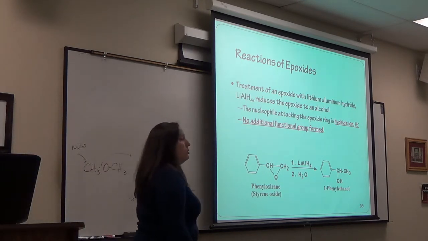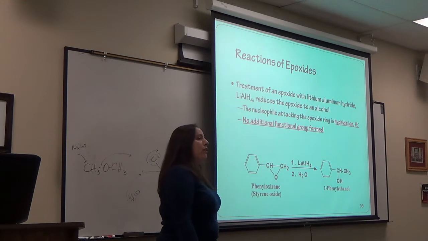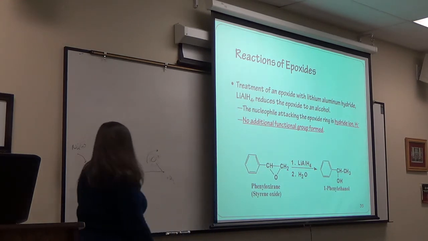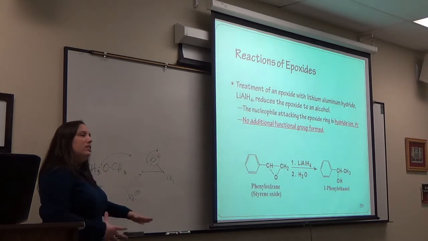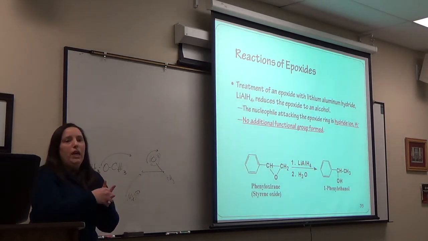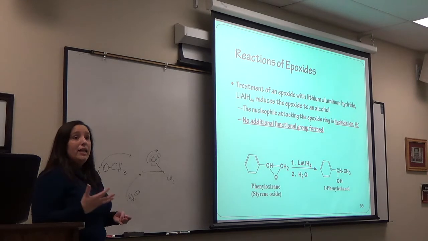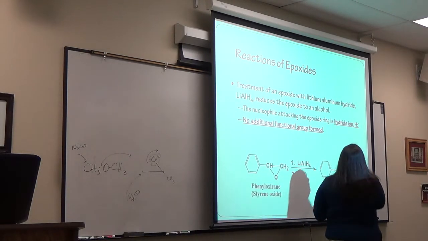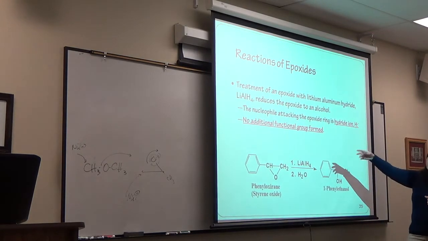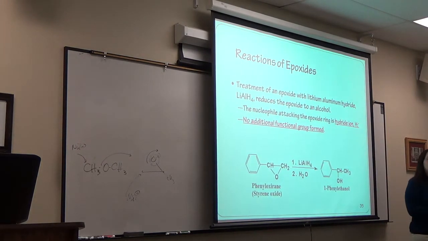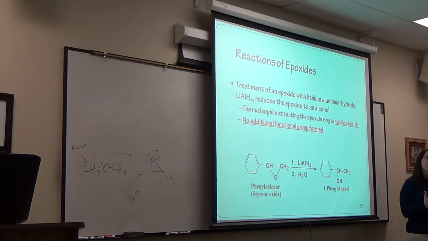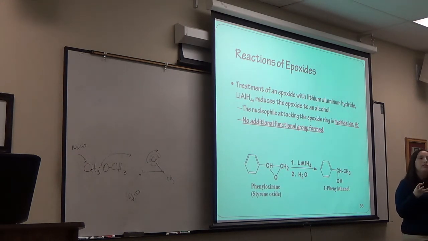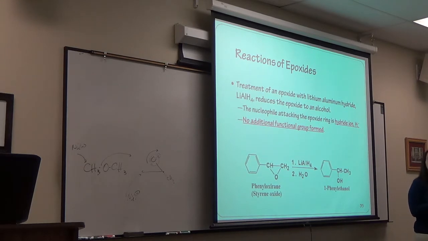Well, sometimes I just want to open the epoxide and make an alcohol. I don't want to add any new bond, because if I add a nucleophile, I'm going to have a different functional group there. But I can actually open it with the hydride as the nucleophile. So if I use lithium aluminum tetrahydride, there's a bunch of hydrogens here, and they act like H-, and that's really uncommon. There's only a few reagents that can produce that.